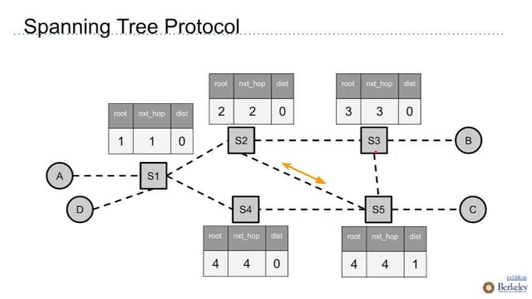Okay, how about this one? Who will change and what will the numbers be? What will it be? And here, let's do this more quickly because you get the idea.